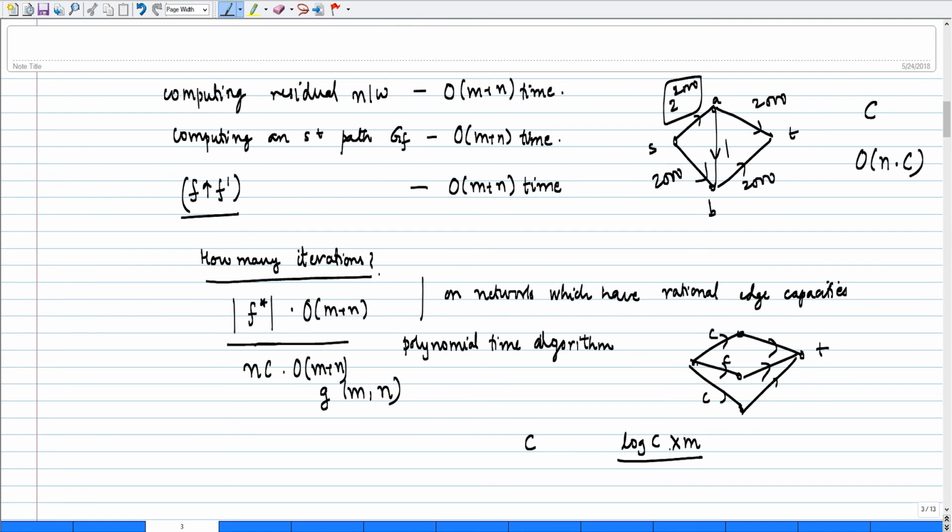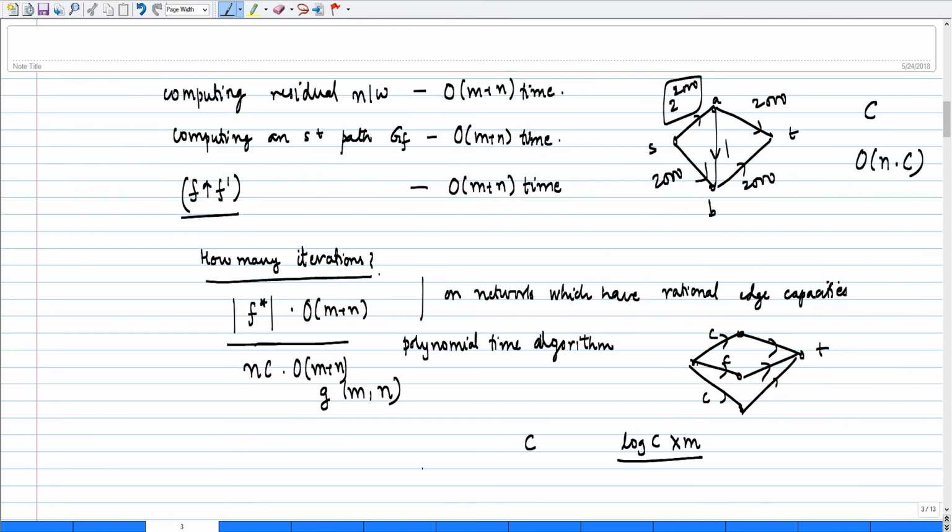So you have m edges, you have n vertices, and you have m capacity values, each of which takes log c bits, because c is the maximum capacity and any capacity can be represented using log c bits, right? So I would have been okay if the running time of my algorithm was n times log c times some m plus n or mn or m squared n or something. It should be a function which takes m, n and log c and can be a polynomial of this.